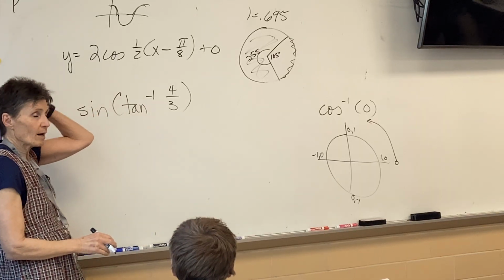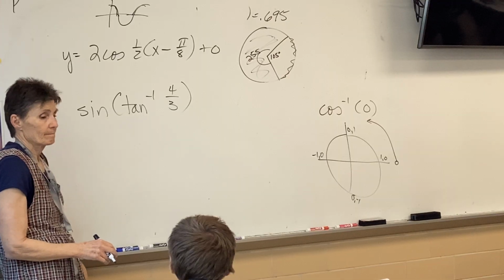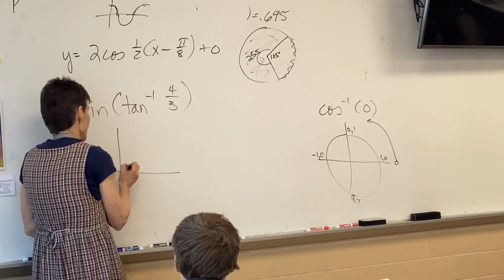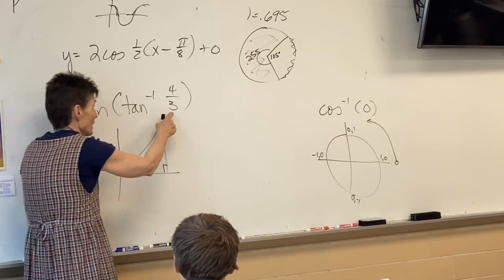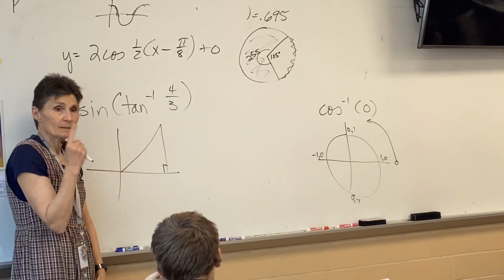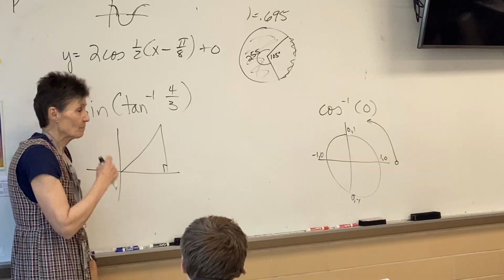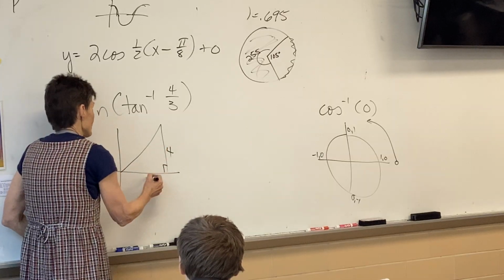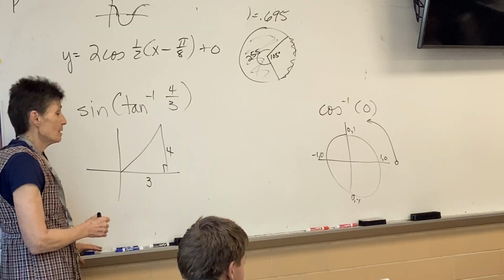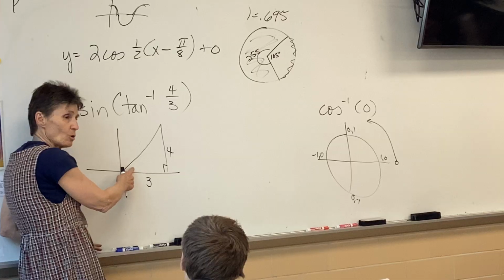No calculator. How do I even start? You're gonna make a graph, make a picture. Go opposite or adjacent. And it's gonna be in quadrant 1 because inverse tangent positive, inverse anything positive is quadrant 1. Opposite over adjacent is 4/3. This is not a 30 or anything like that, but it's okay.